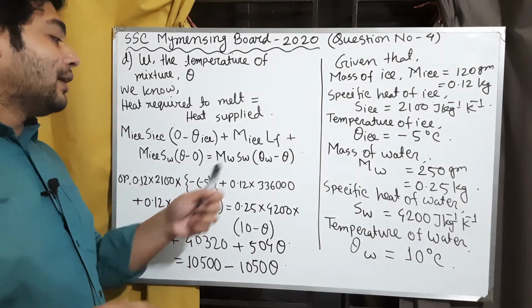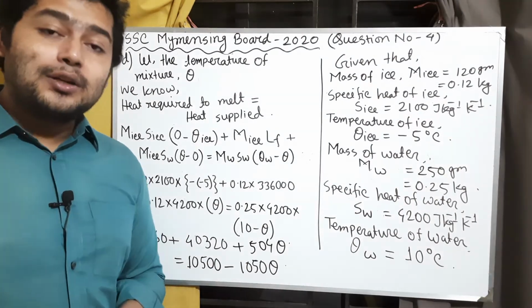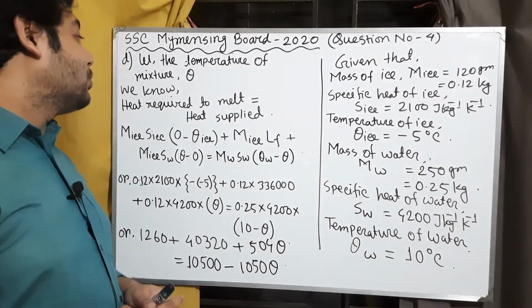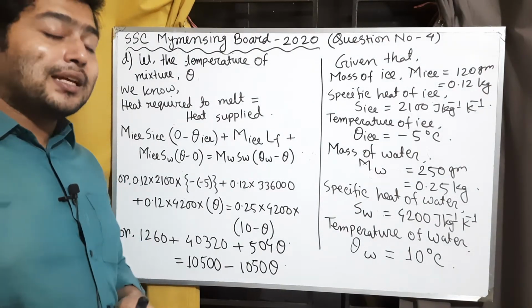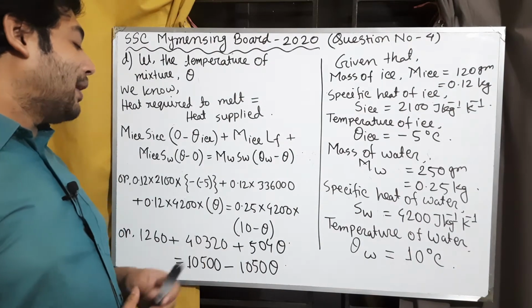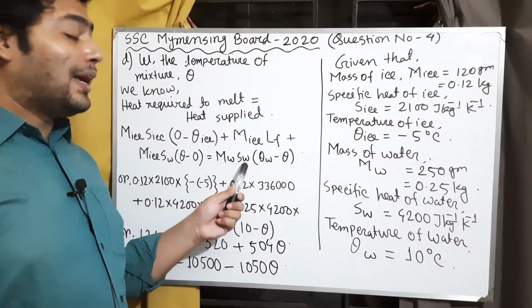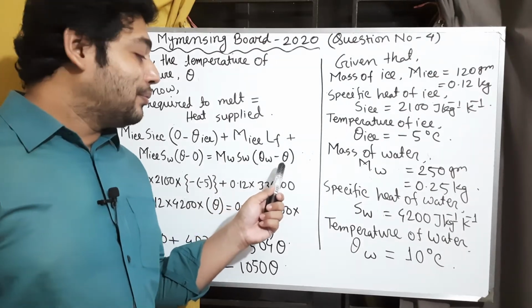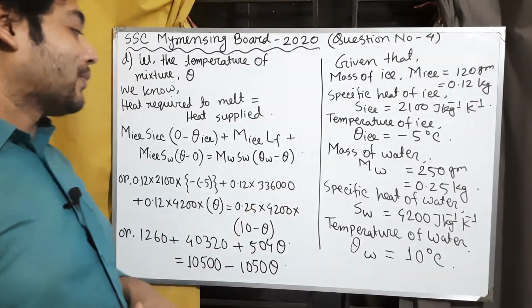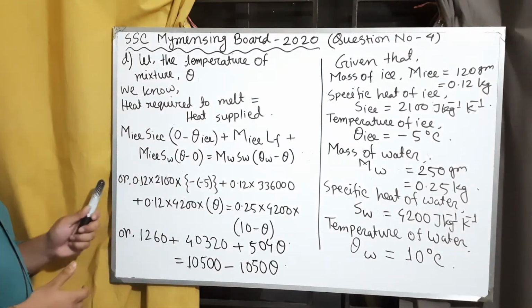Here the 10 degree Celsius water will turn to theta degree Celsius water. So the heat supplied by the water will be m w s w (theta w minus theta).